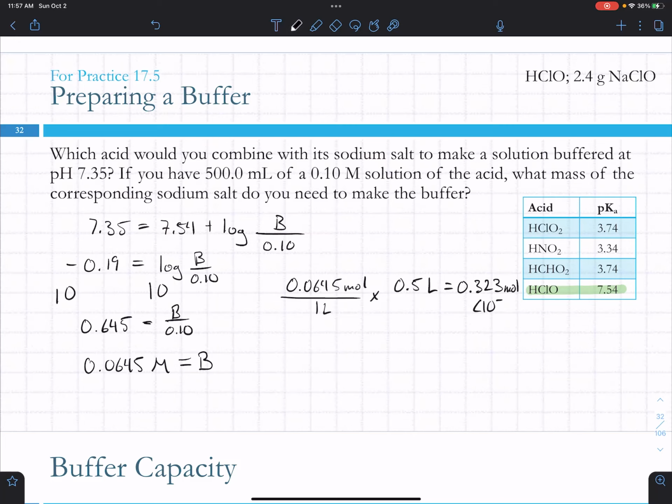Okay, so now we have the number of moles of hypochlorite, but we're not just adding hypochlorite, we're adding the sodium salt of hypochlorite. So this is going to be sodium, chlorine, and oxygen, and this is 22.99, 35.45, and 16.00. So now we're 0.323. I think I missed a 0 there. Sorry, this is 0.0323.